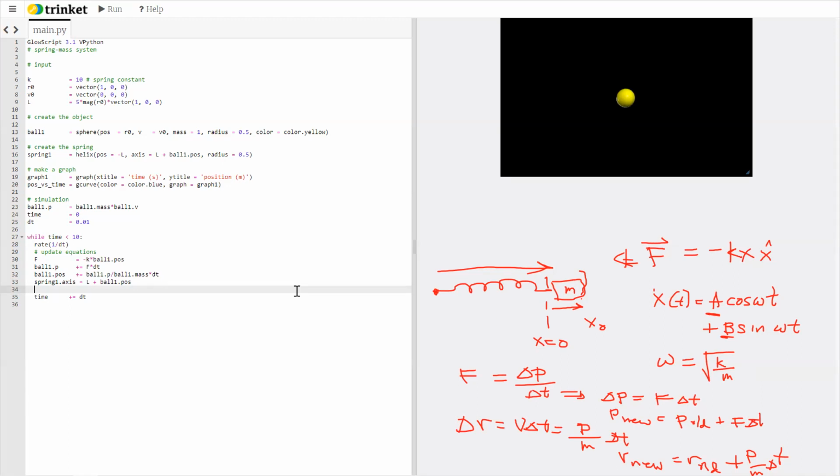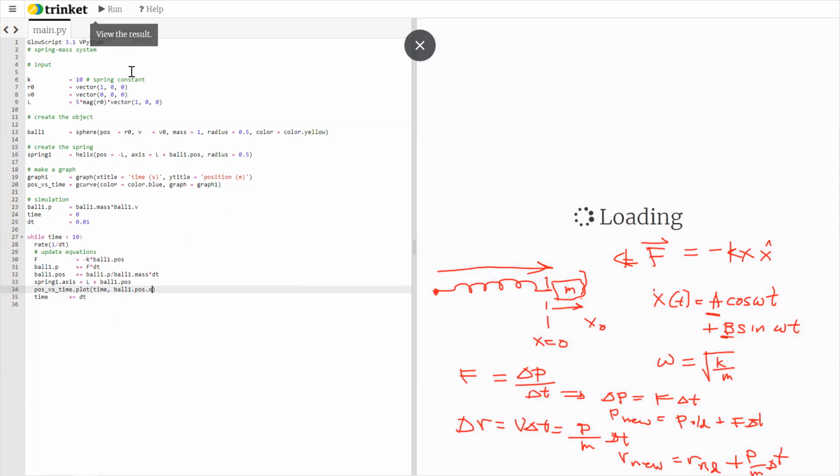So we plot position versus time, time and ball 1 dot pos. You just plot one component at a time. So here we have the x component.